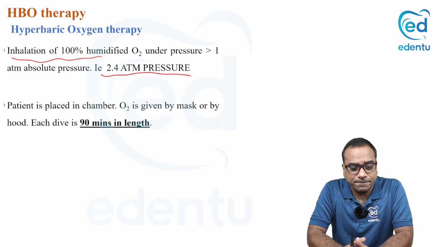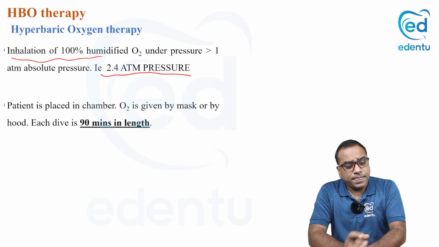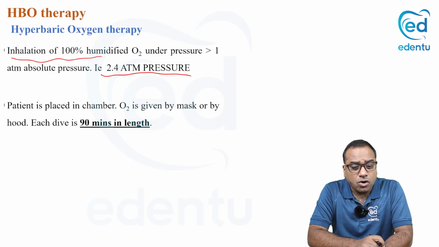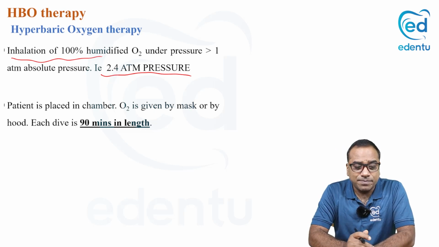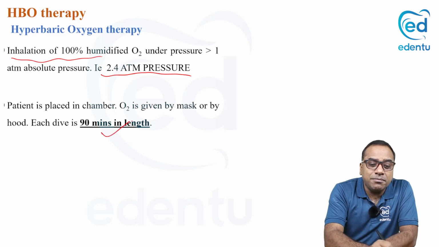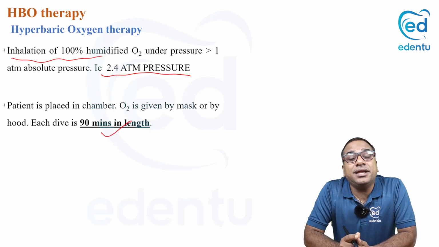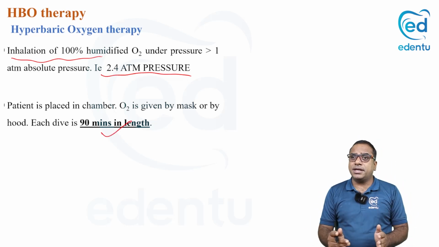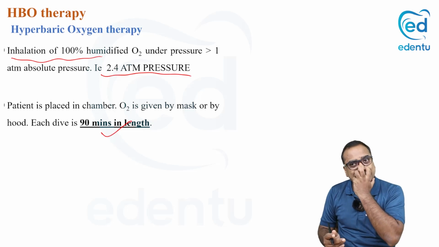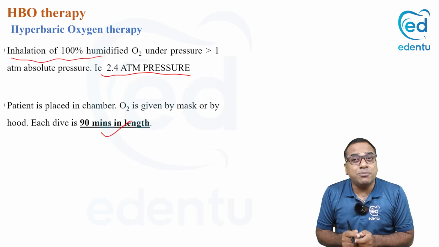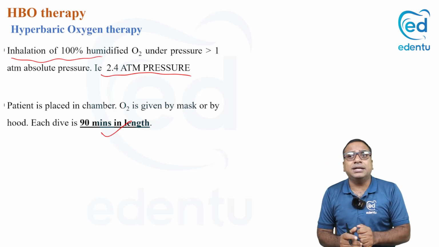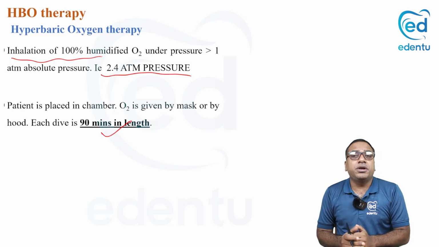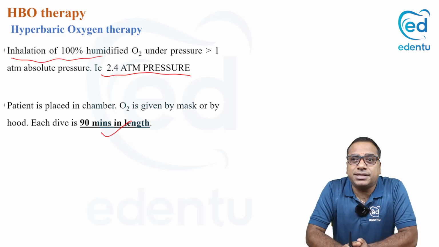It will go inside. So this patient is placed in a chamber, oxygen is given by a mask and it is 90 minutes in length. The patient will be sitting or sleeping, the mask is kept, the room is at 2.4 atmospheric pressure and then 100% humidified oxygen for 90 minutes.